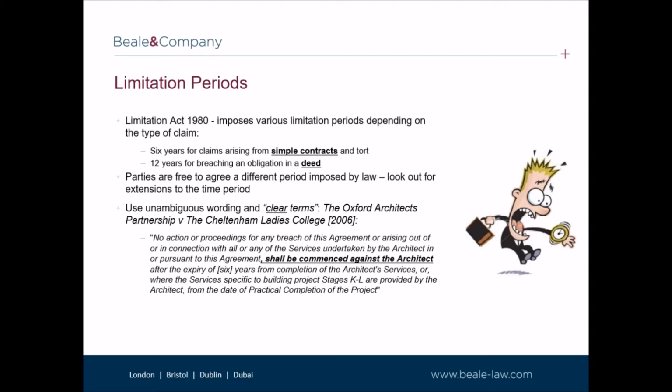The limitation period doesn't run from the date of the contract itself. Importantly, parties can agree to vary the statutory provisions, and as I'm sure most of you have experienced, it is common for liability periods to be unnecessarily extended to, say, practical completion of the project.